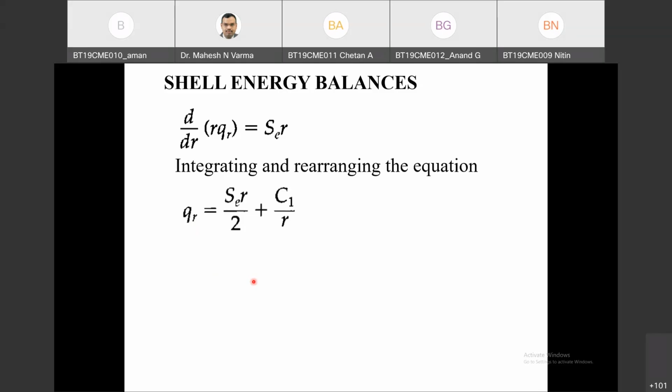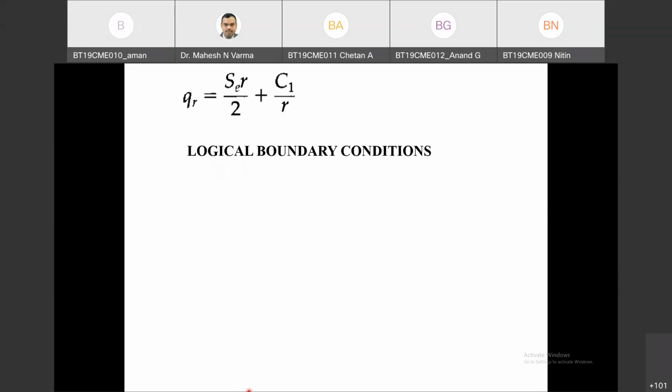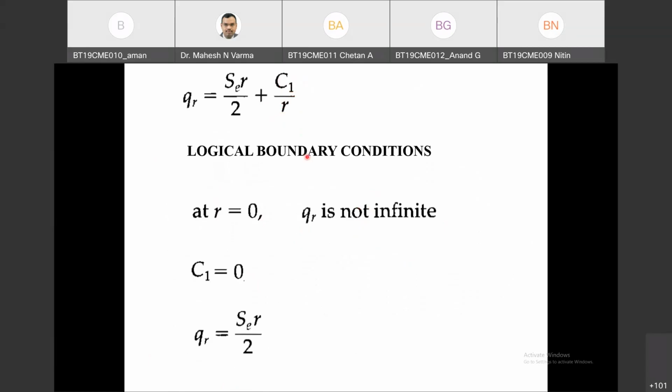It is not that C1 equals 0, C1 should not be there. So that is the logical boundary condition. The four boundary conditions we used earlier are not useful here, so we use the logical boundary condition. It tells me that at r equals 0, QR should have a finite value, but this term gives an undefined or infinite value. Hence C1 should not be there. Hence QR equals Se into r by 2. Everybody got this equation?